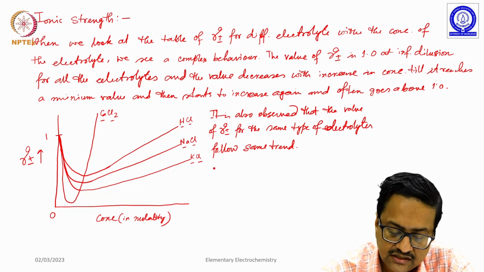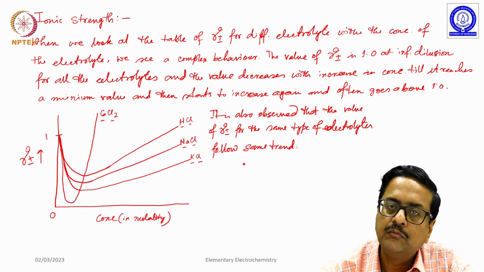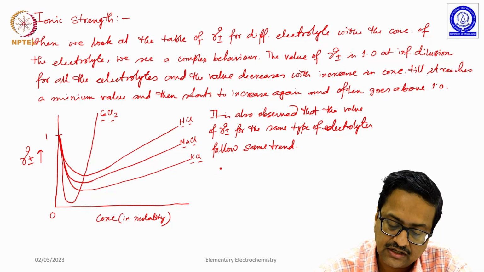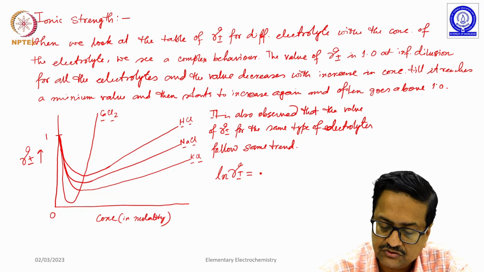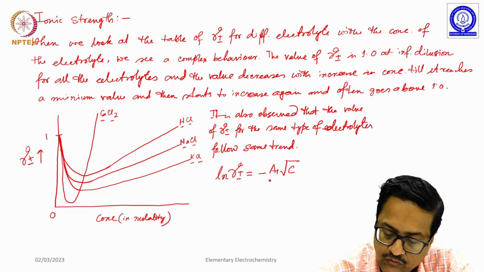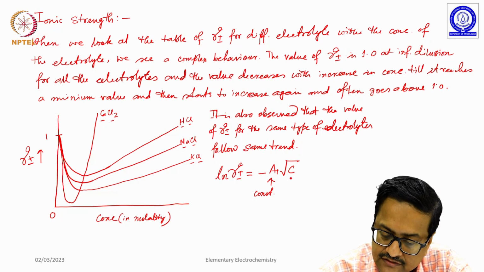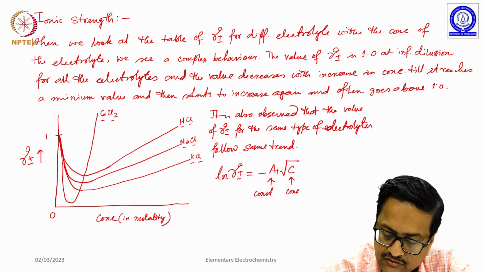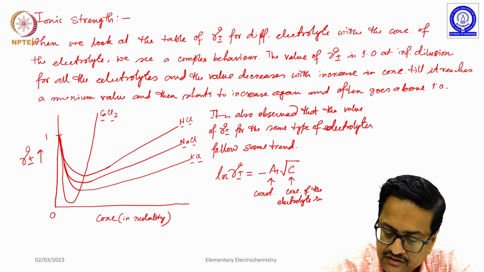So, an empirical relation for gamma plus minus versus concentration was also derived based on the experimental values that were observed, and that empirical relationship is ln gamma plus minus is equal to minus A1 into square root of C, where A1 is a constant and C is the concentration of the electrolyte in molality.